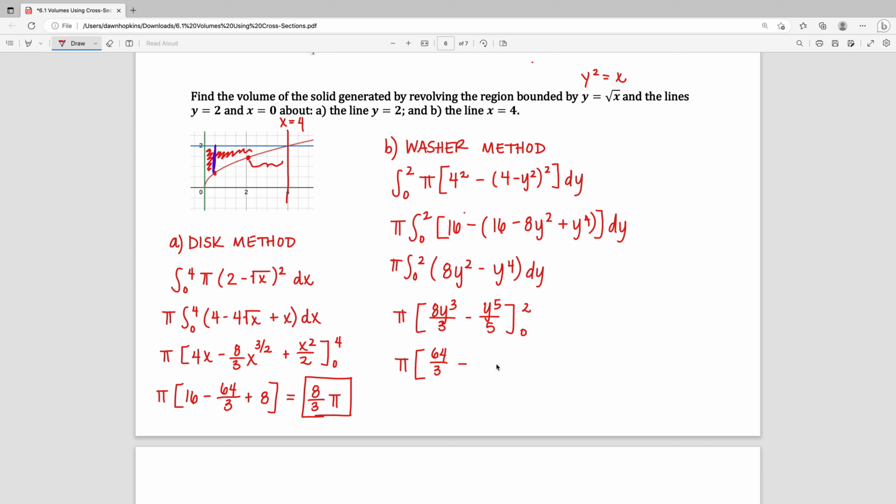Minus 2 to the 5th is 32, minus 32 fifths. If you were to plug in 0, you're going to get 0 for both terms, so we don't need to worry about that. If you find a common denominator and subtract, you're going to end up with 224 over 15 pi for the volume.